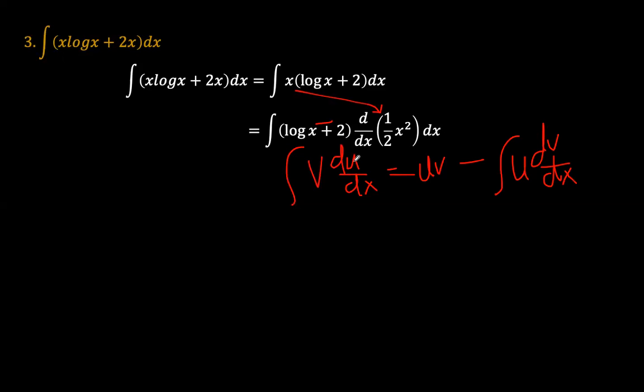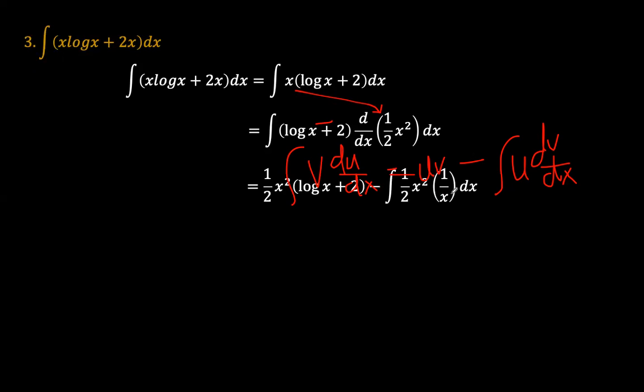If our capital U is half x squared, then uv is half x squared times log x plus 2, and then minus, since u is half x squared and dv is 1 over x, what we get here essentially is a half x squared times log x plus 2 minus a half x squared times 1 over x, which is the derivative of log x plus 2.